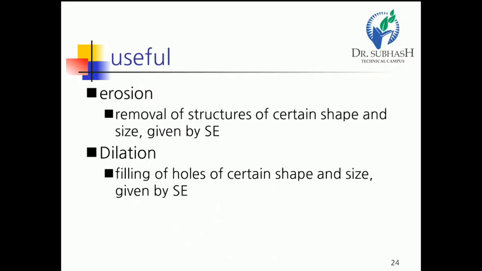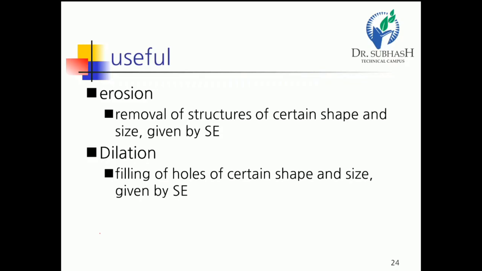Erosion is the removal of structures of certain shape and size given by the structuring element, and dilation is the filling of holes of certain shape and size given by the structuring element. Both depend on the structuring element.